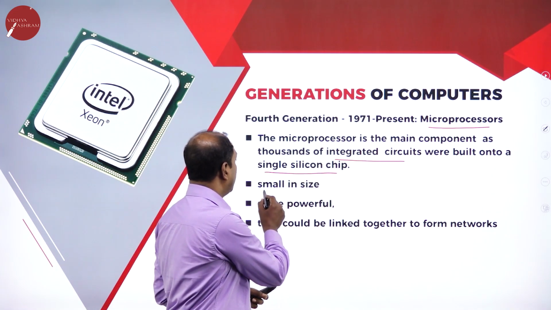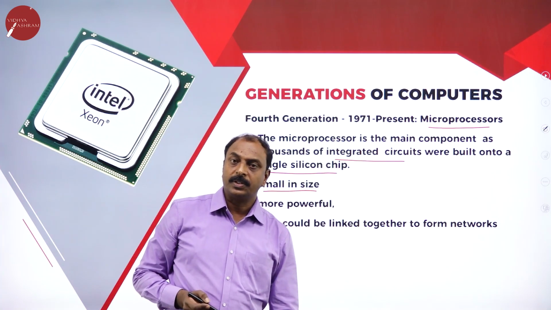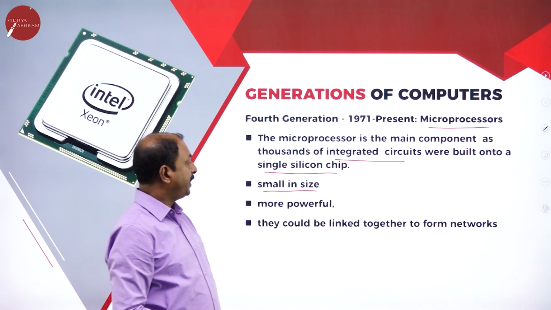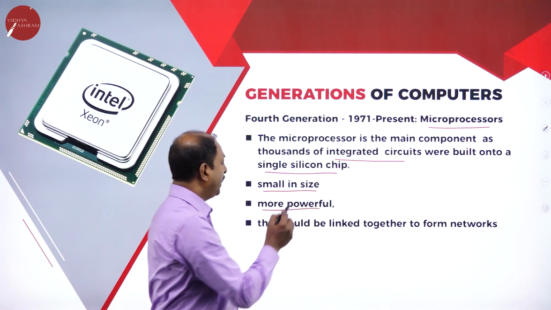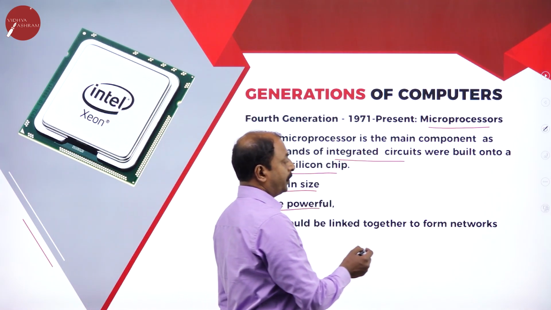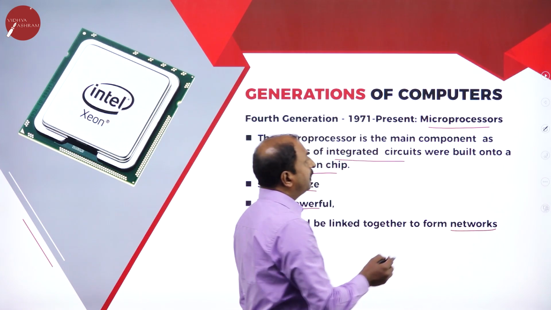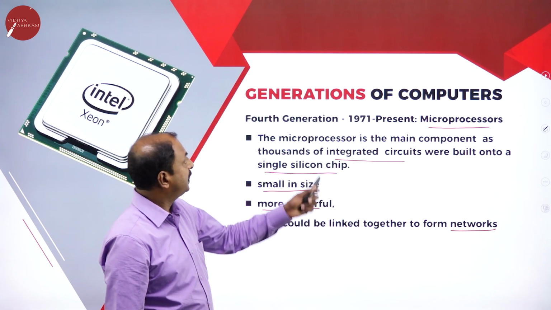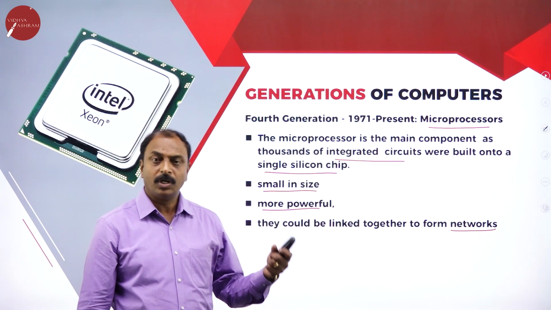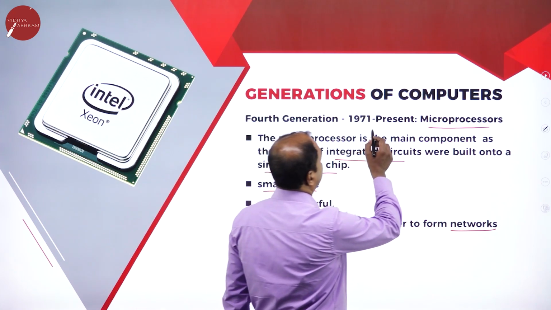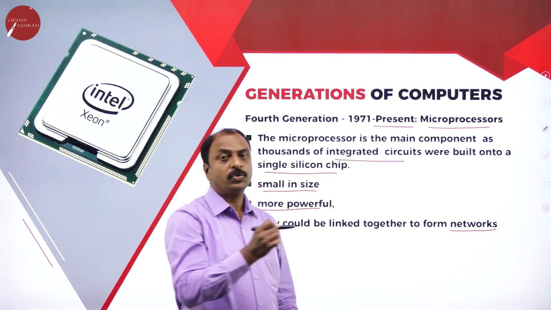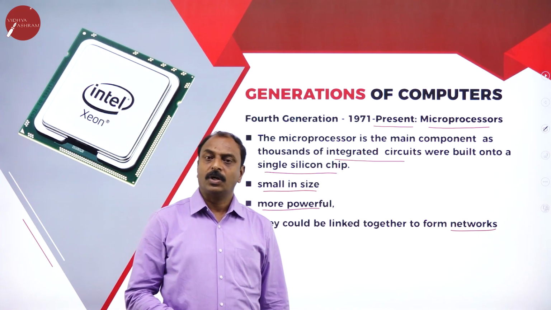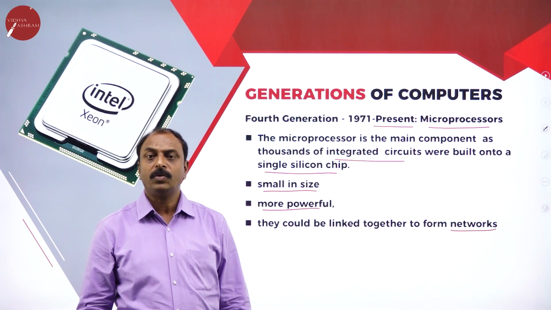Because ICs are small in size, the size of the computer has reduced as compared to previous generations, and it is more powerful, and they could be linked together to form networks. Means we are using these types of computers for networking. So these are the features of the fourth generation of computers, and the present day computer belongs to the fourth generation. So we are all working or using computers which belong to the fourth generation.